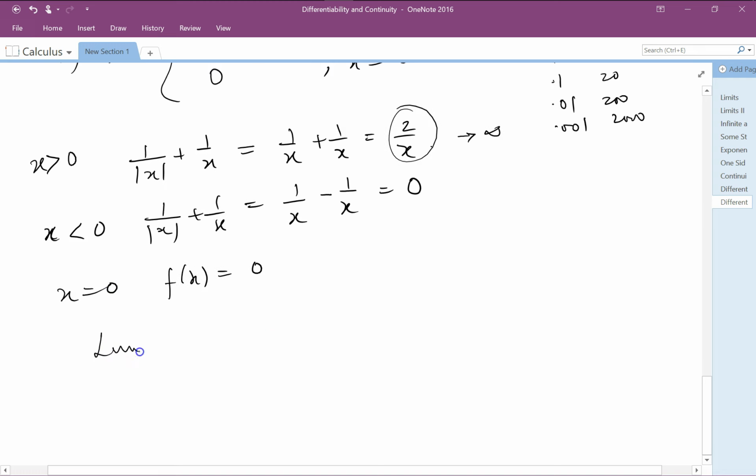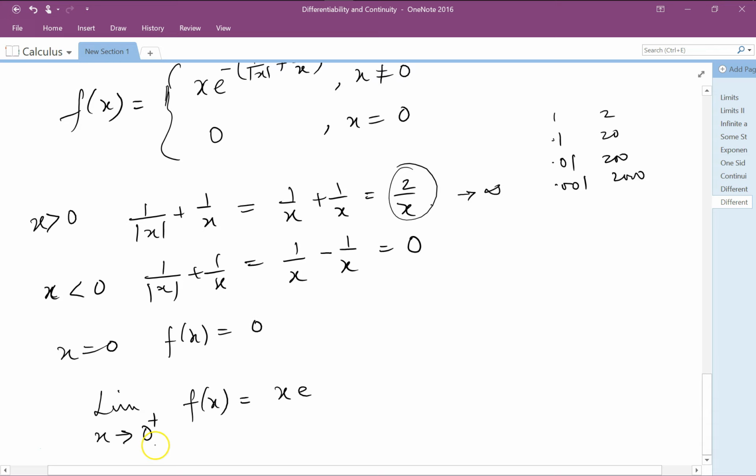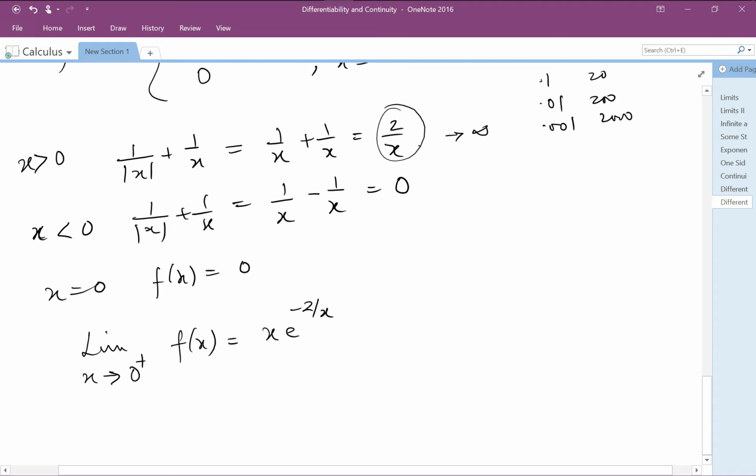Now let's look at the continuity. Limit as x approaches 0 from the plus side. What happens? x e to the power of... now from the plus side, that is x is positive, so when it is greater than 0, this we can simplify to x e to the power of minus 2 by x.